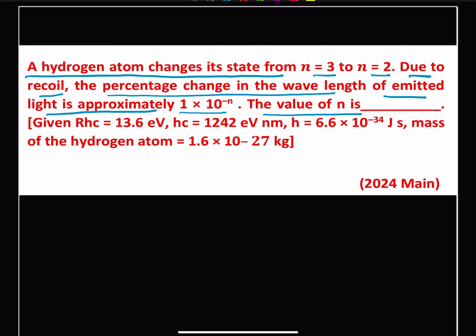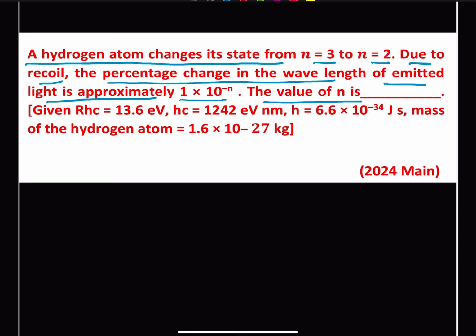So in this case, the percentage change in the wavelength is given to us as 1 into 10 to the power minus n, and we are supposed to find out the value of n.